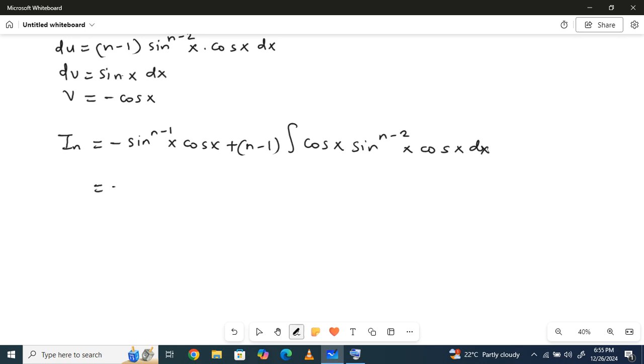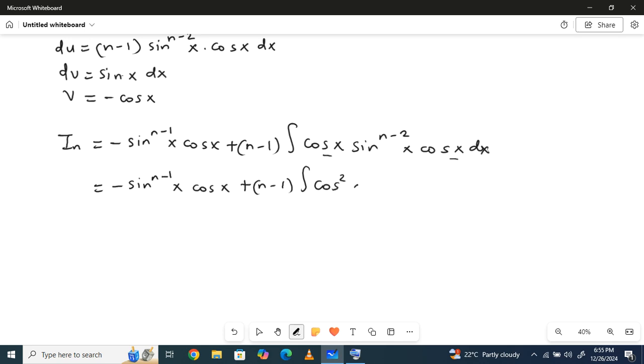It equals minus sine n minus 1 x cos x plus n minus 1, we said it's our constant, integral of cos x times cos x.